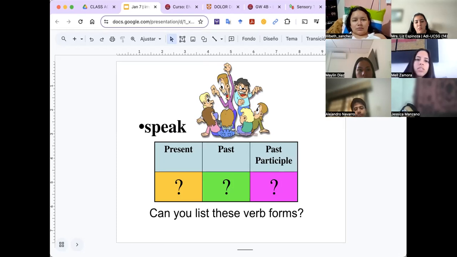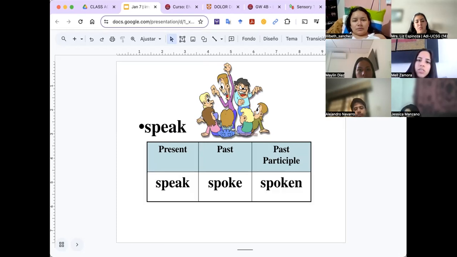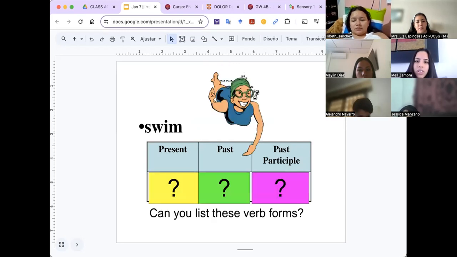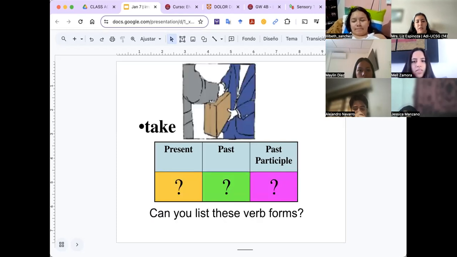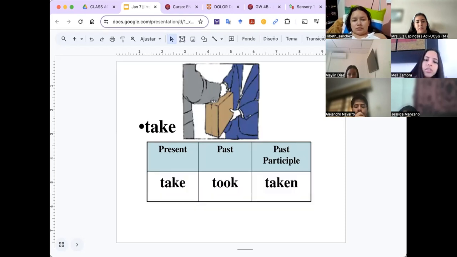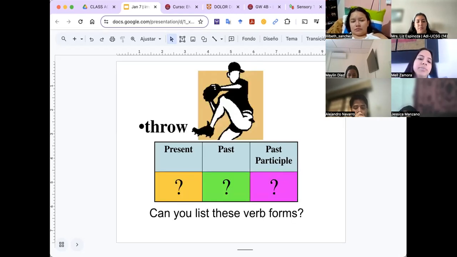Speak, spoke, spoken. Swim. Swam. Swim, swam, swum. Similar to the other one, only change the vowel. Take. Took. Taken. Took is the past and taken the participle, yes.